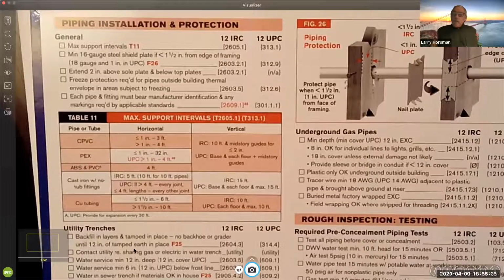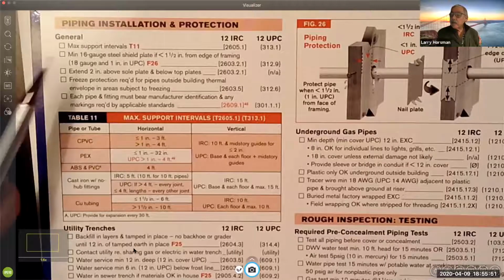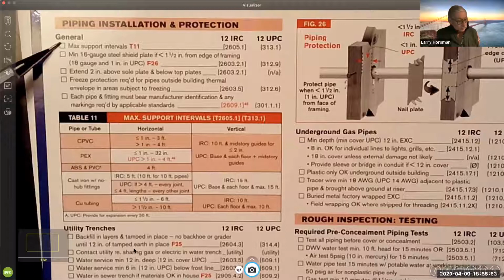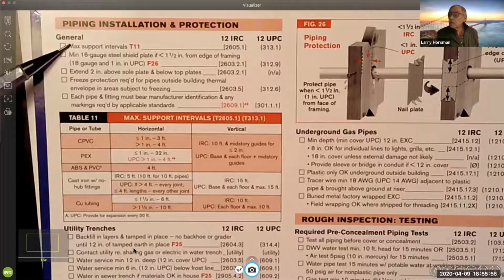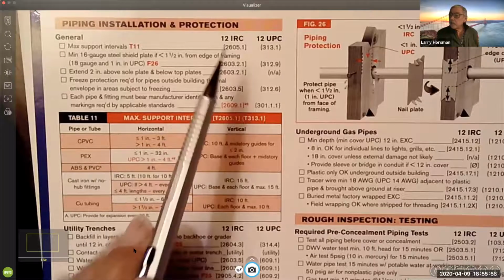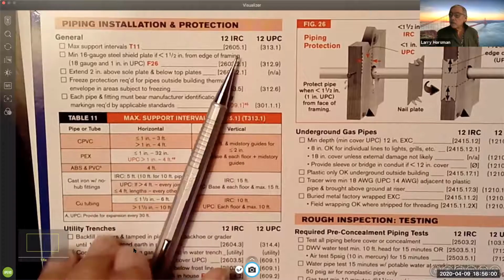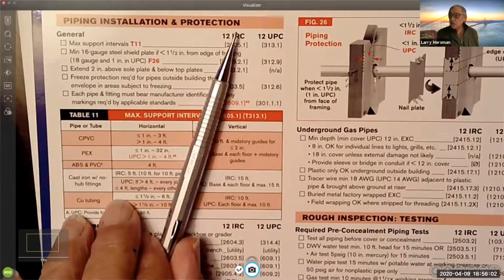But if we look at this particular page, you'll notice up there at the top, general. Right here, general. And if you come over to the right side there, you see they're referencing 12. That's the 2012 IRC.